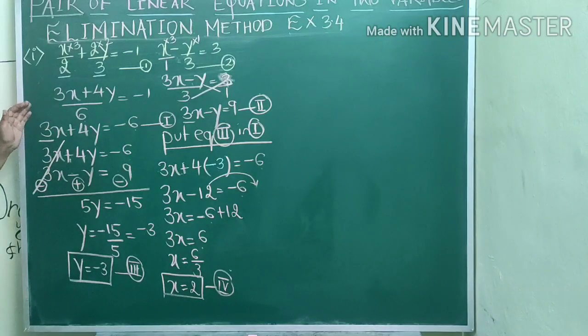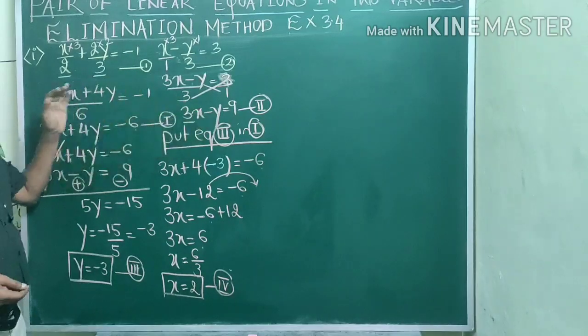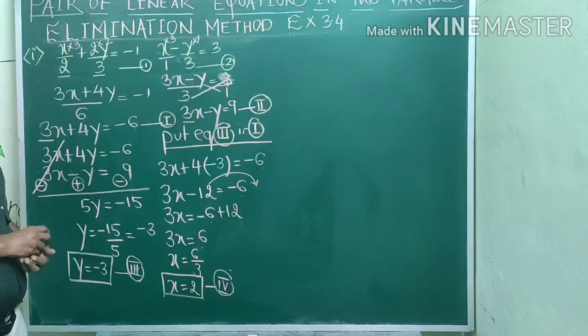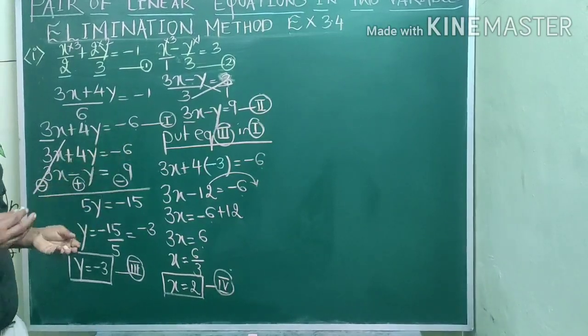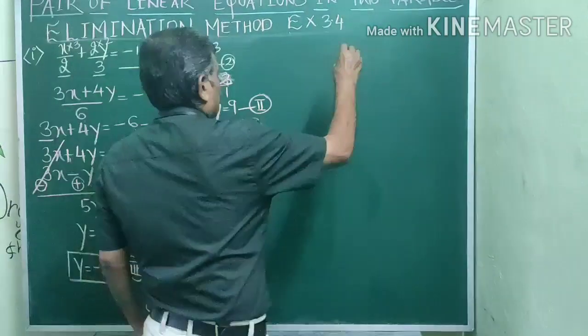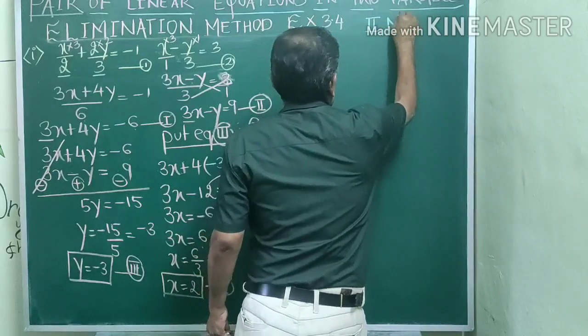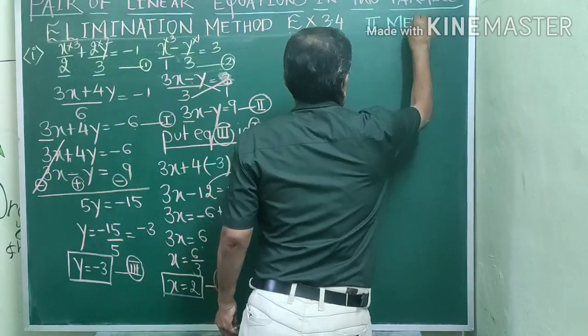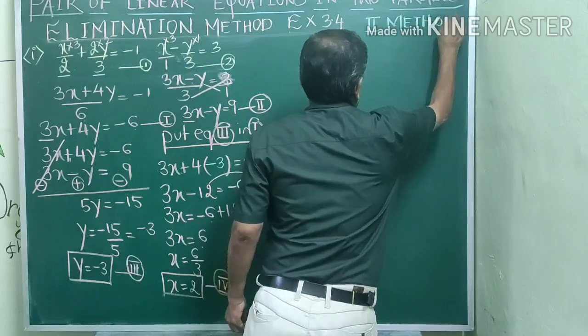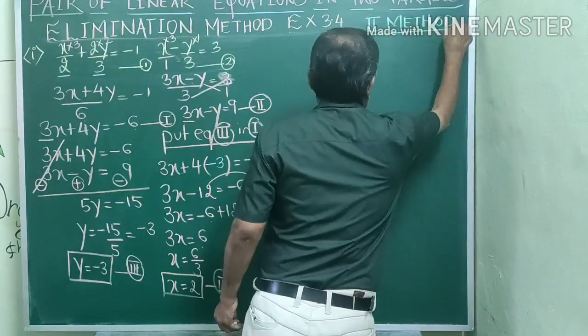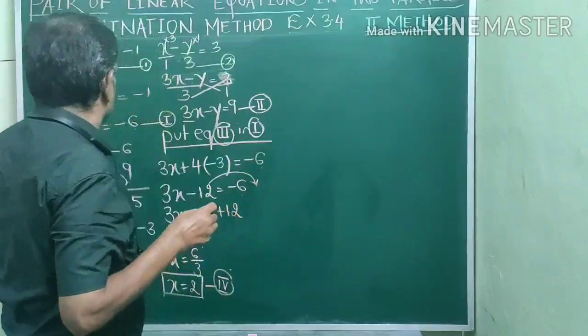If I decide to solve the same problem by a second method, that means, suppose I decide to eliminate y, in that case how to do it? Same problem is there, but I am going to solve it by the second method. Let us see what that second method is.